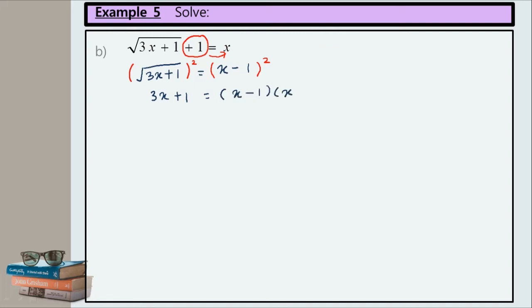Okay, write like this, x minus 1, x minus 1. So, 3x plus 1 equal to, this one, we need to expand. X times x, x squared, x times negative 1, minus x, negative 1 times x, minus x, negative 1 times negative 1, positive 1.